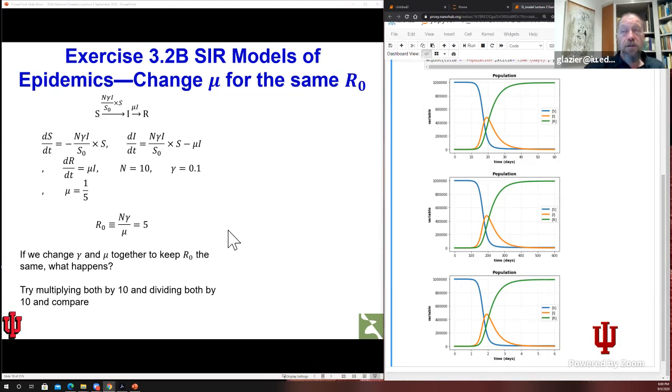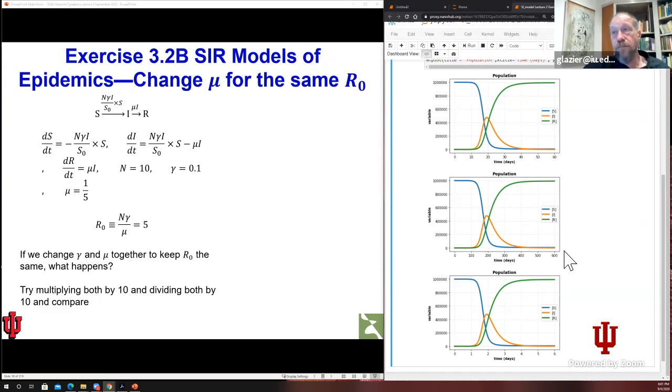But it matters a lot whether I have a fast disease where people get exposed fast and recover fast, which would be this one where everything is over in 6 days, versus one where I'm exposed and recover slowly, in which case it takes 600 days to go through the same thing.